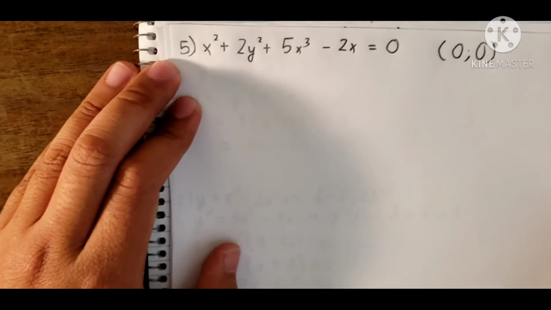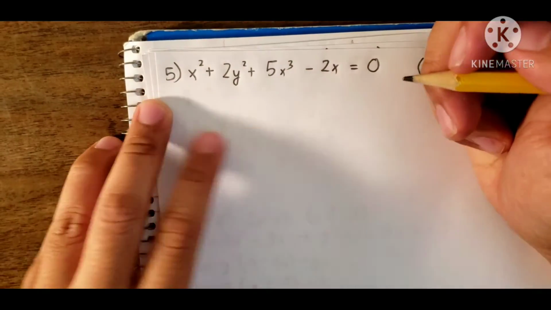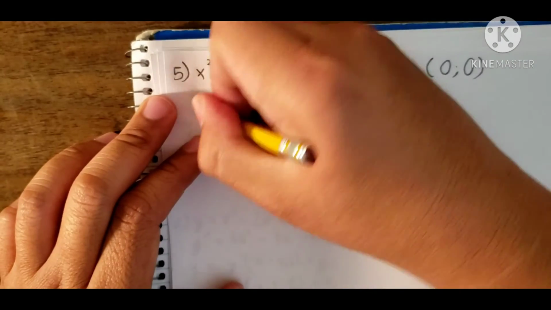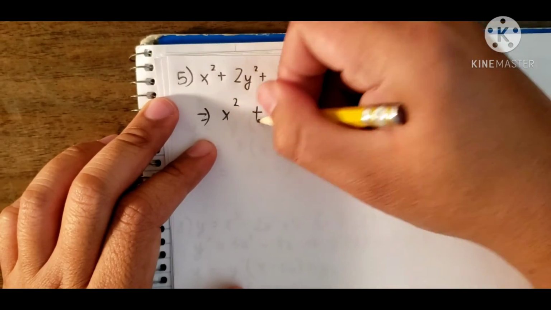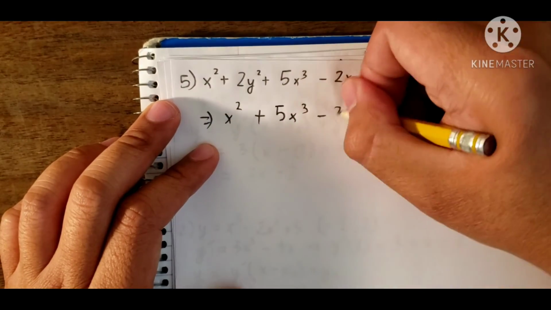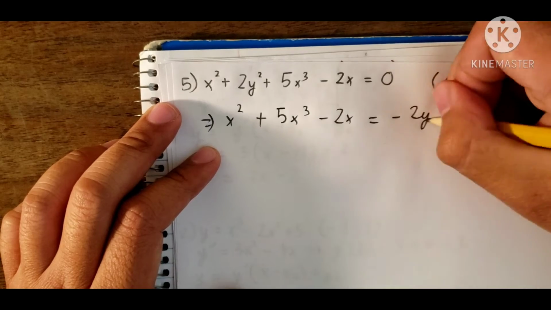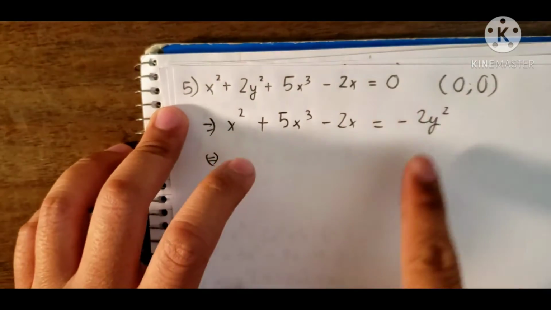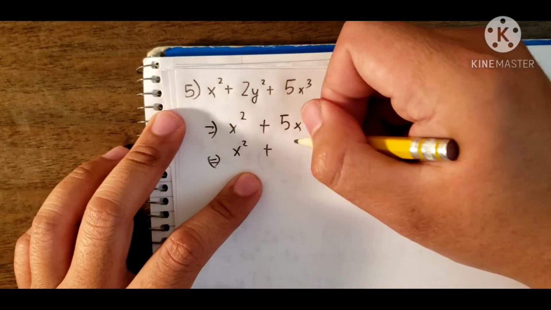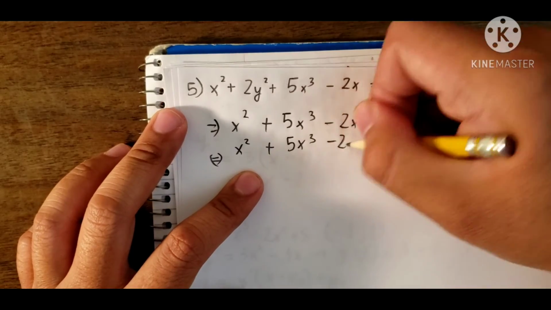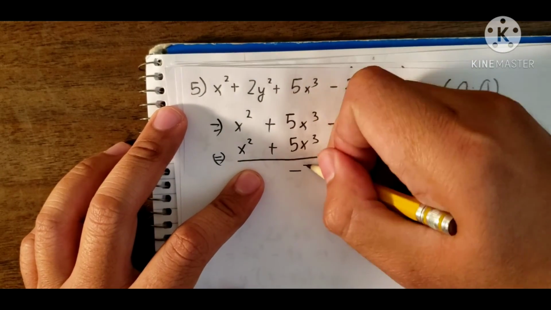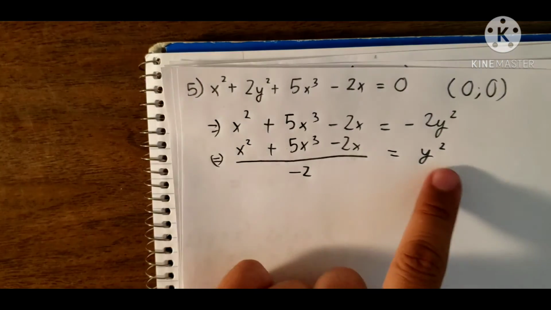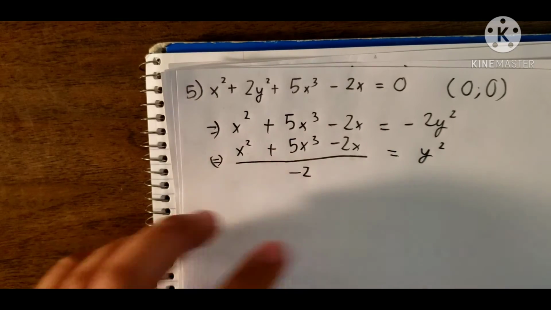So question number 5, we have the equation and we have the y power 2. You move to the right. And we have minus 2y power 2. Then you divide by minus 2 in this equation. And then you put the square root in here.